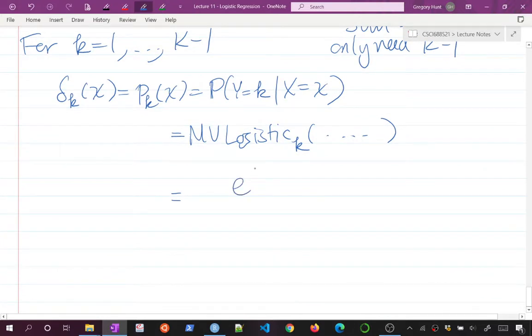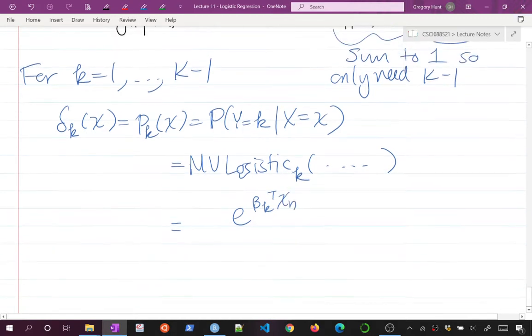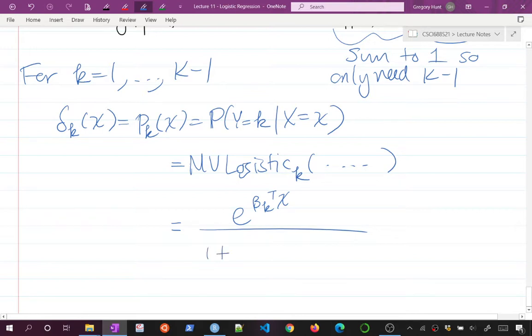It is e to the beta for my class k, transpose x, divided by 1 plus, and before it was e to the negative something, right?